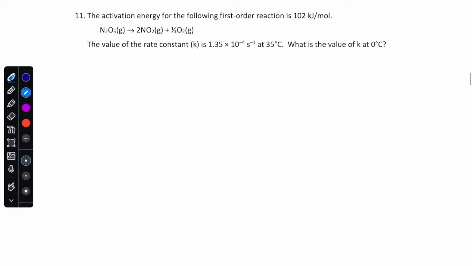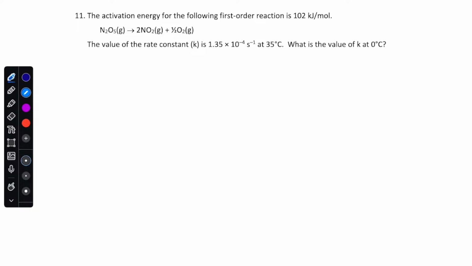The activation energy for the following first order reaction is 102 kilojoules per mole. The value of the rate constant, there's really only one equation that you get that uses activation energy, and that's the Arrhenius equation. There's actually 2 forms of it that we often use.